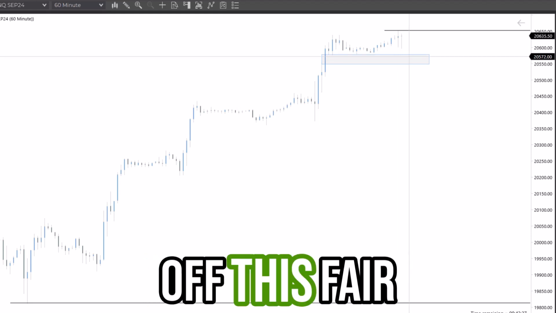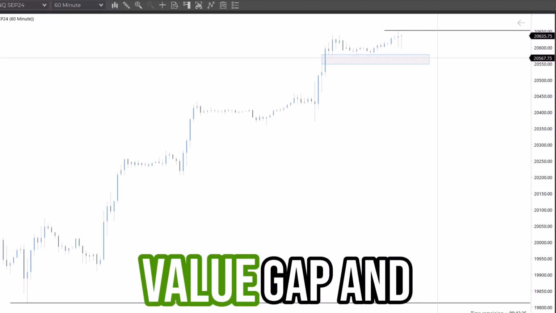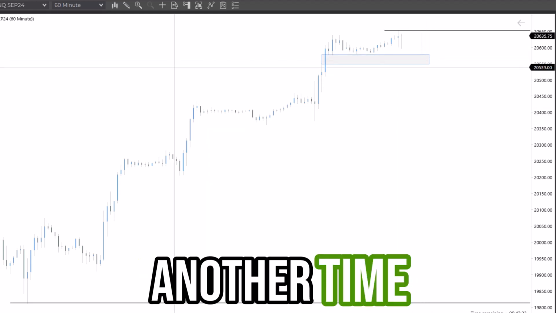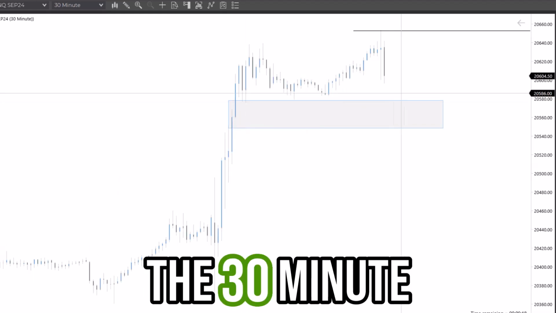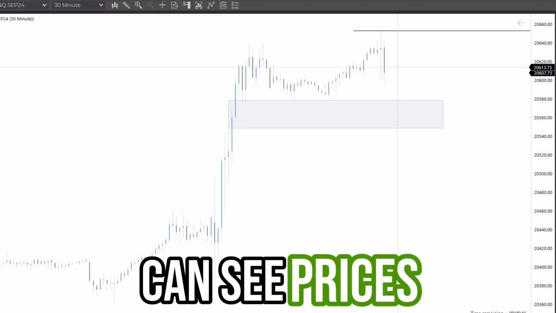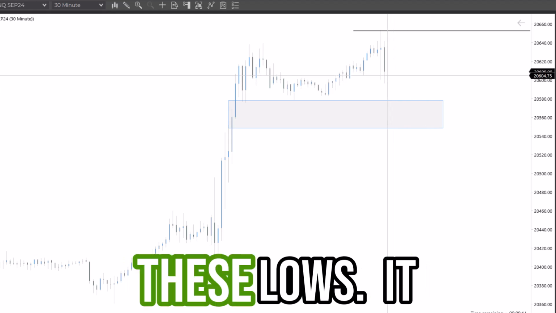But we've marked off this 1 hour fair value gap, and we'll zoom down to another time frame. So actually playing out right now on the 30-minute time frame, we can see price is coming down to sweep one of these lows.